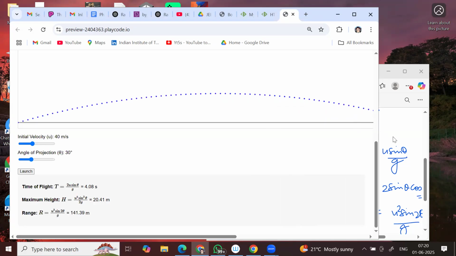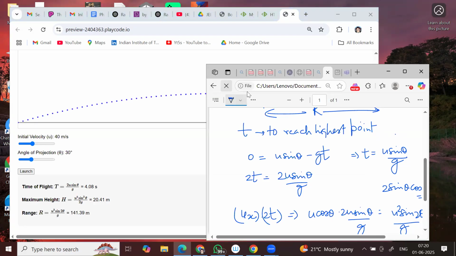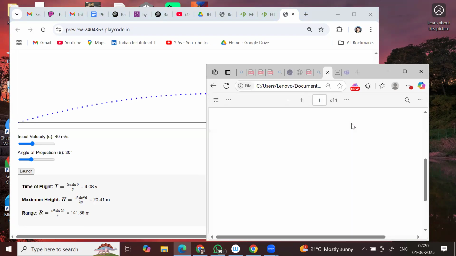So the values given here are u equals 40 meters a second and theta equals 30 degrees.